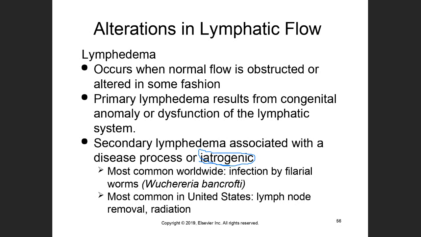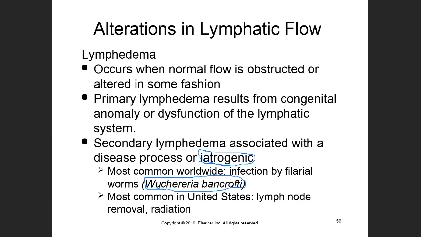If you remove the lymph nodes, then you produce iatrogenic lymphedema. Then we have filariasis, caused by Wuchereria bancrofti, a parasitic worm that produces filariasis, also called elephantiasis. Those people that have one leg that is extremely big have it due to this parasite.